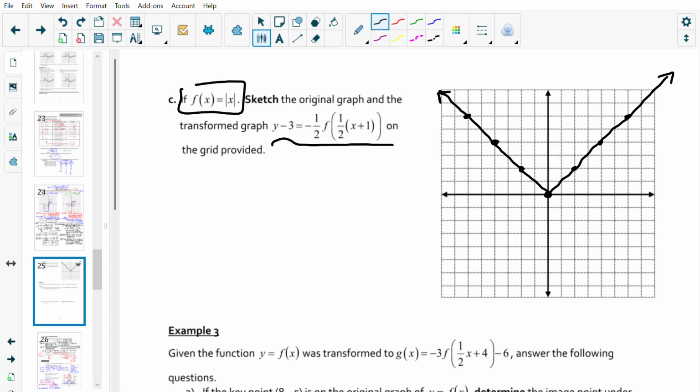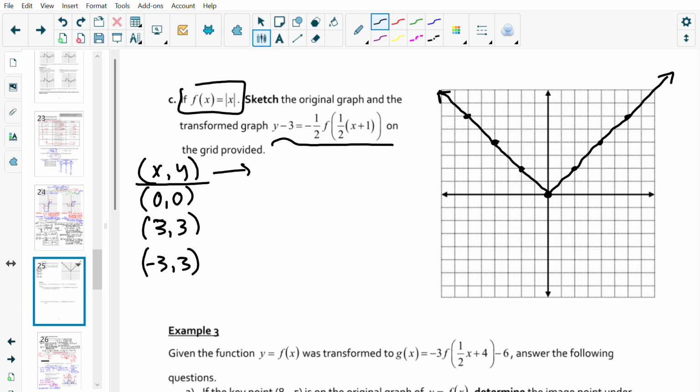You can apply all 5, each at a time in the correct order, and then come up with a new graph. Or let's be smart about it. Let's do it with our mapping notation, x, y. Let's pick some key points, 0, 0, 3, 3, negative 3, 3. We said our mapping notation is 2x minus 1, comma, negative y over 2 plus 3.